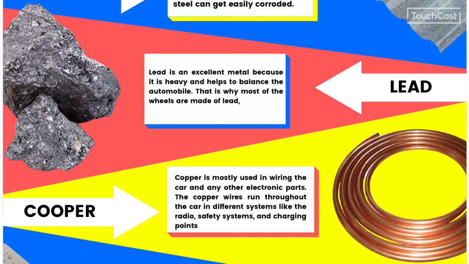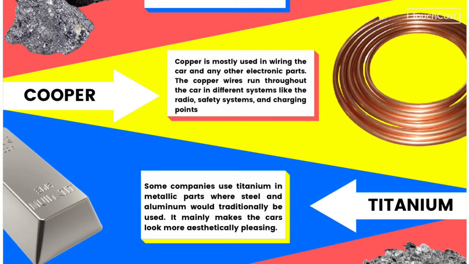That is why most of the wheel weights are made of lead. Number 8, copper. Copper is mostly used in wiring the car and any other electronic parts. The copper wires run throughout the car in different systems like the radio, safety system, and charging point.